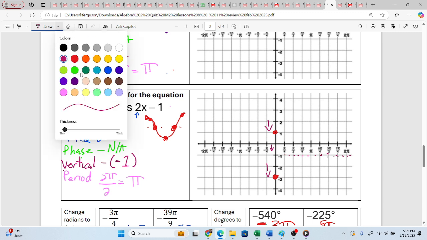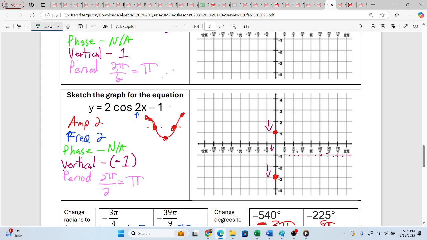So let's hurry up and draw this puppy. If I'm talking about a frequency of 2, usually my stuff would go 0, pi over 2, pi, 3 pi over 2, and then 2 pi.